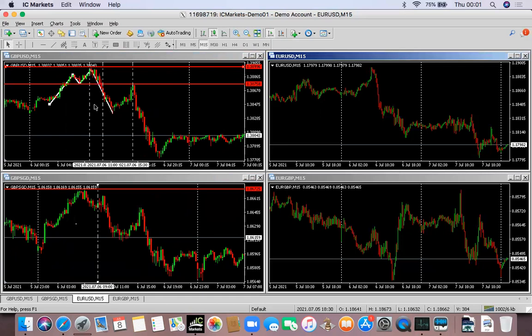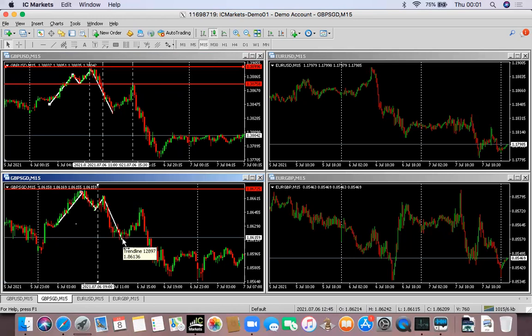So this was the pattern I traded yesterday. You could see the same pattern here, right? You could see the buy, the pullback. There was a pullback, but there wasn't a break of the high, so it went down.